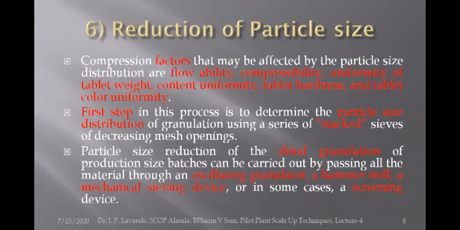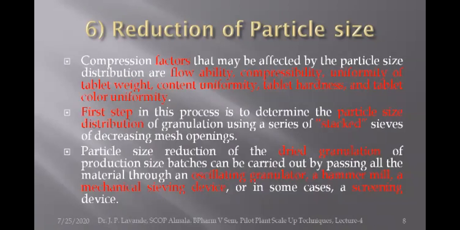Compressibility too will get affected because of the reduction in particle size. So we need to understand different parameters like the bulk density and the tap density, which have significance in various dosage forms like capsules during filling. Then uniformity of tablet weight.